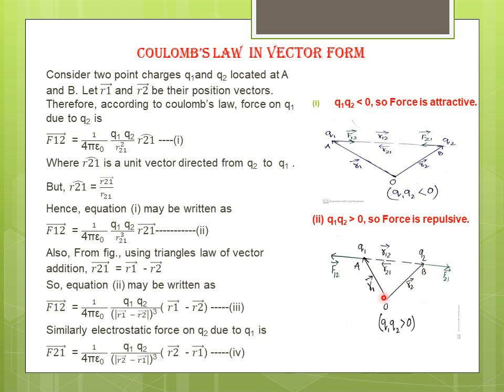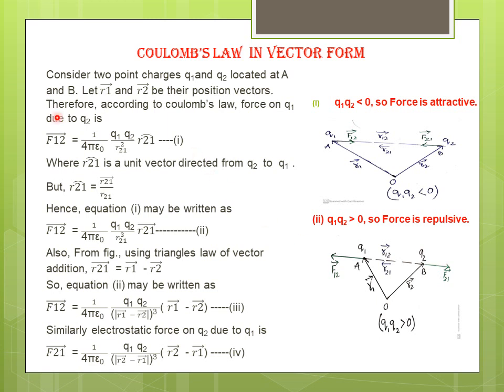If Q1 Q2 is greater than 0, then F12, the force on charge Q1 due to Q2, is directed along B to A. So F12, here we are taking Q1 Q2 greater than 0, means we can say the force is repulsive.